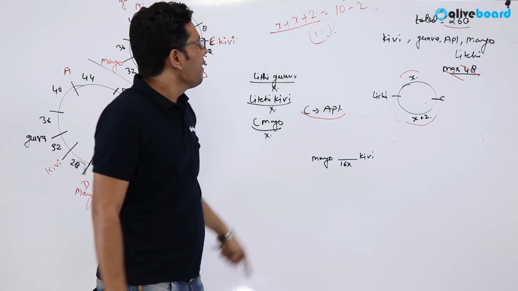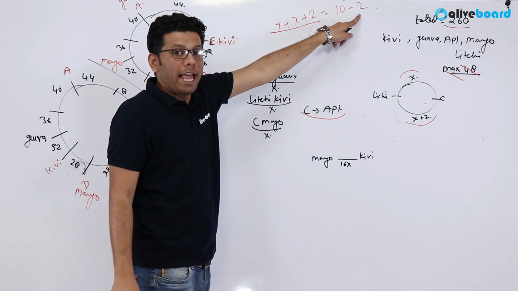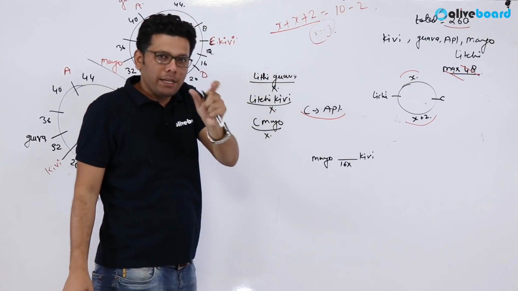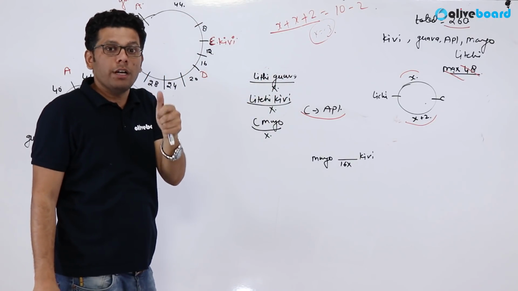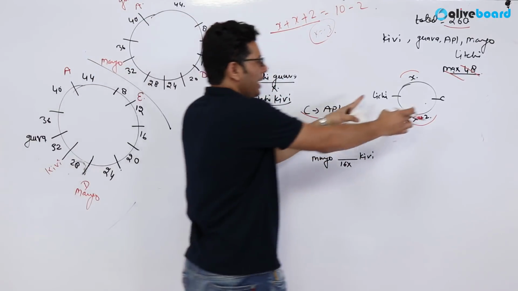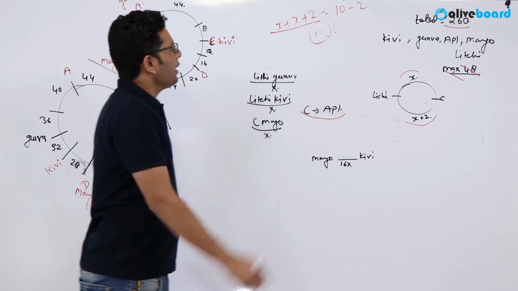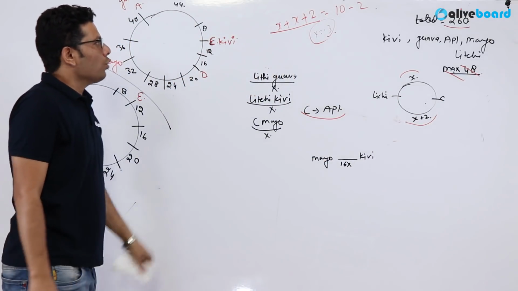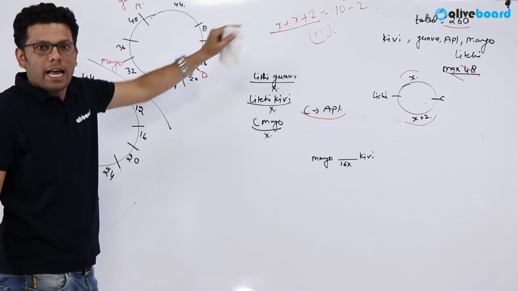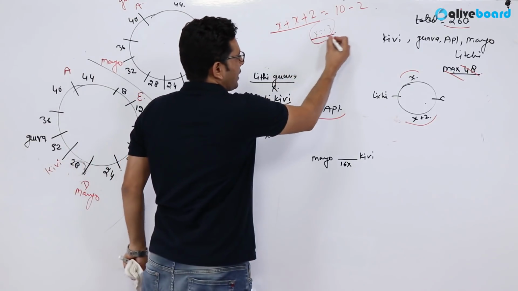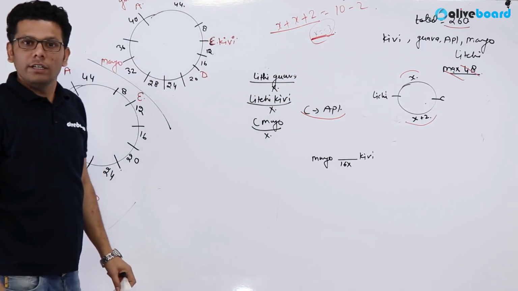Okay, and why did I do the minus 2? Why have I done the minus? This is the simple logic of ranking, because the lychee and C both get counted twice. So I need to do the minus 2. If I solve this equation, the value of x is 3.